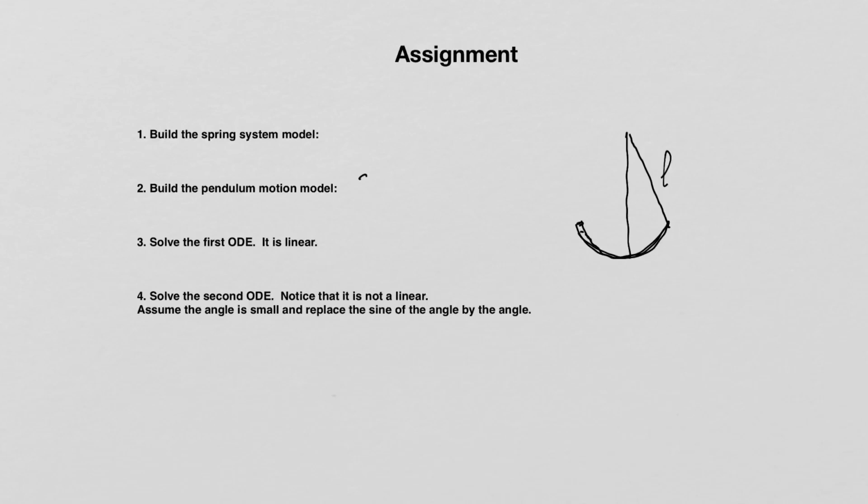Okay, so d squared theta dt squared plus g over L times sine theta equals 0. I hope I didn't mess up.